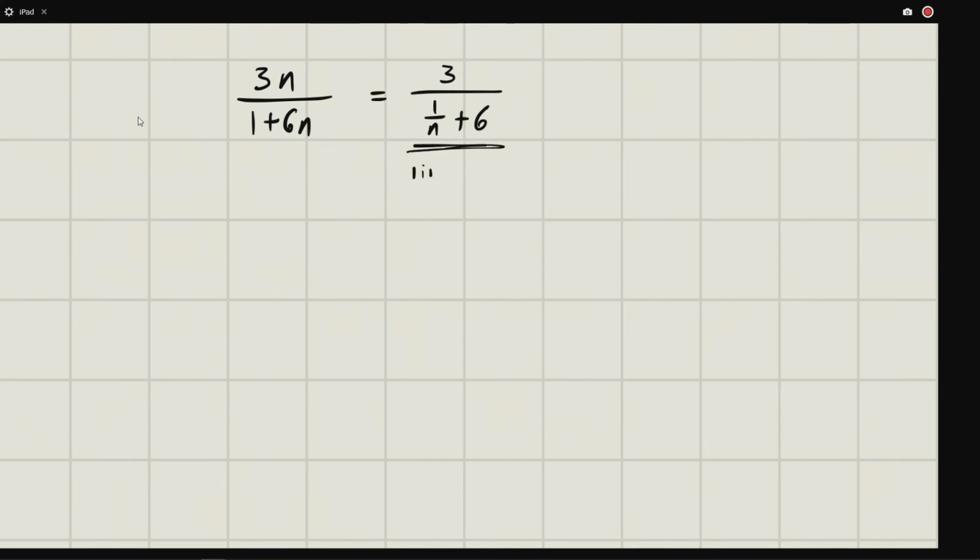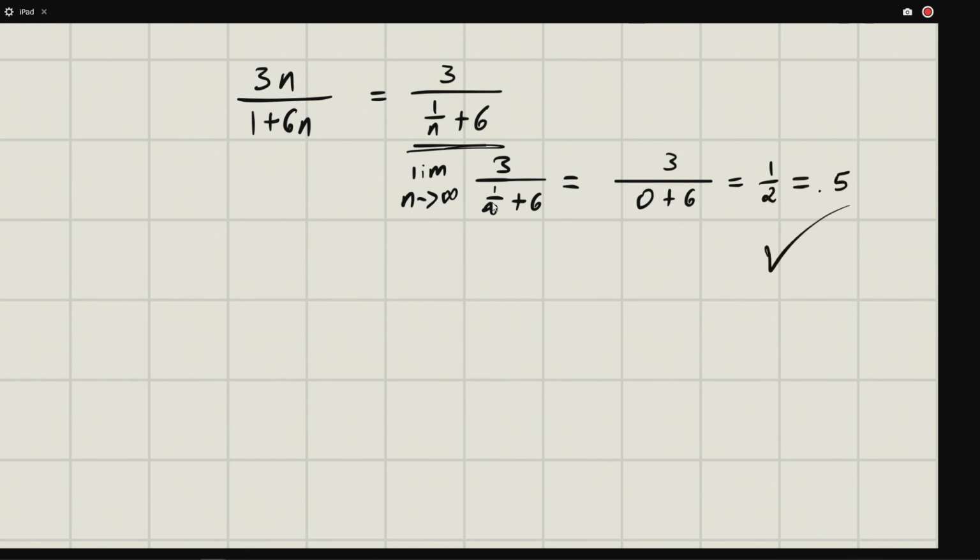We take the limit as n goes to infinity of 3 over 1 over infinity plus 6. 1 over infinity, a huge, huge number in the bottom, is pretty much just 0. So we have 0, and we have 3, and we have 6, which is equivalent to 1/2, the same thing as 0.5.